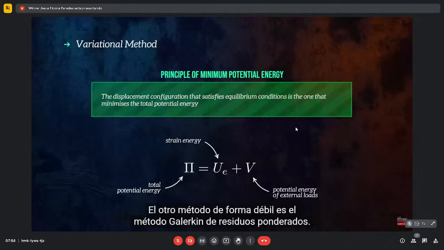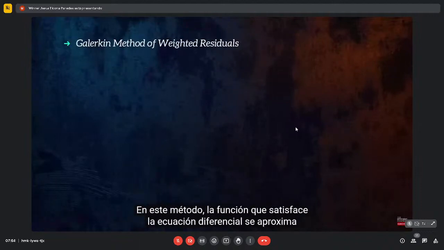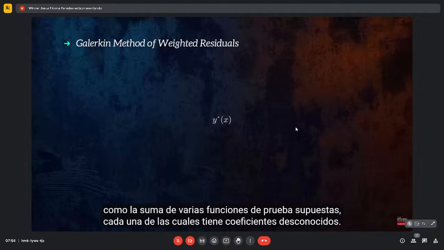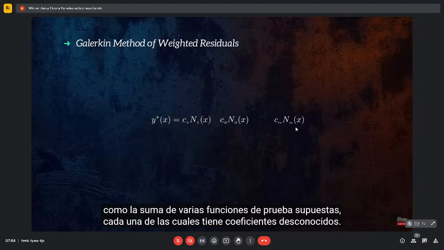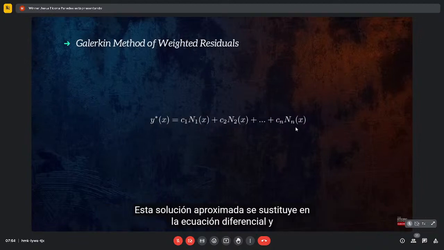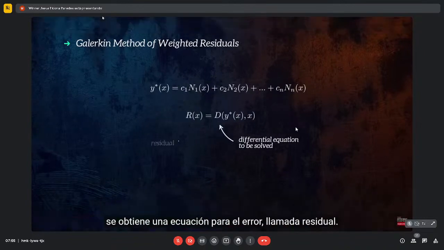The other weak form method is the Galerkin method of weighted residuals. In this method, the function that satisfies the differential equation is approximated as the sum of a number of assumed trial functions that each have unknown coefficients. This approximate solution is substituted into the differential equation, and an equation for the error called the residual is obtained.